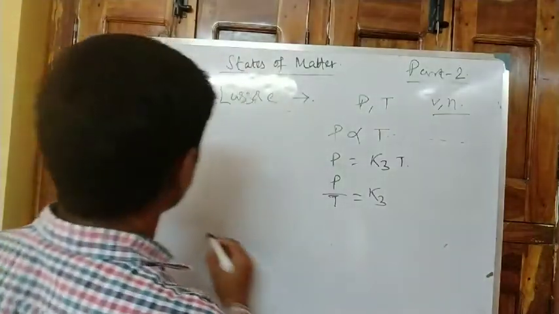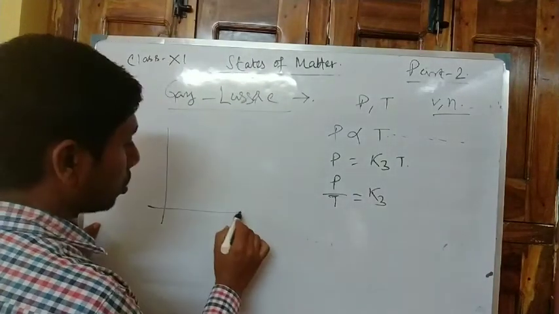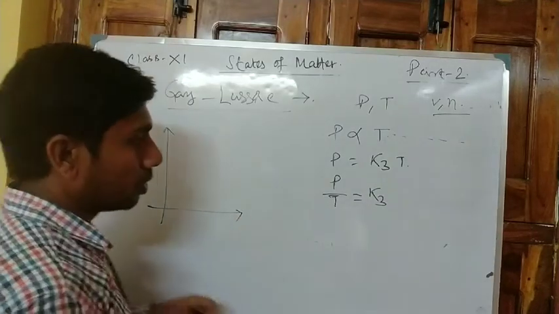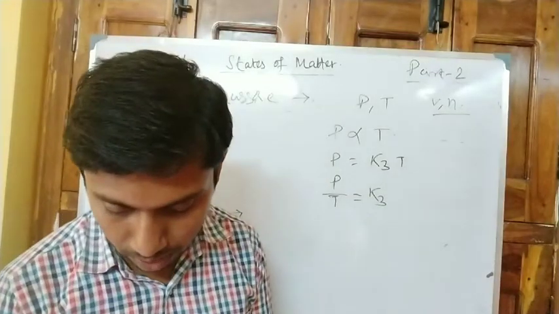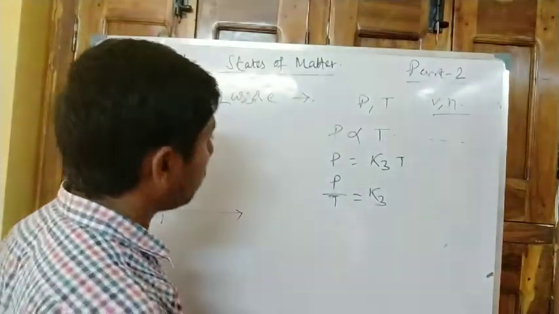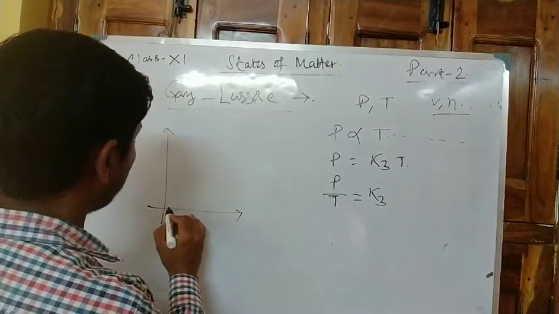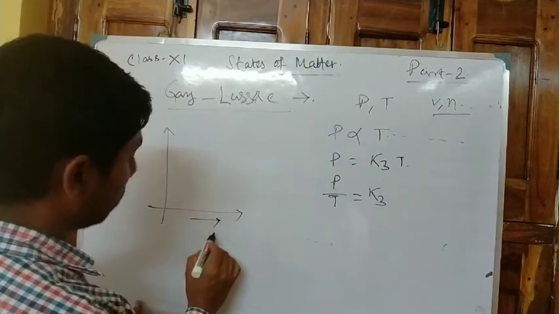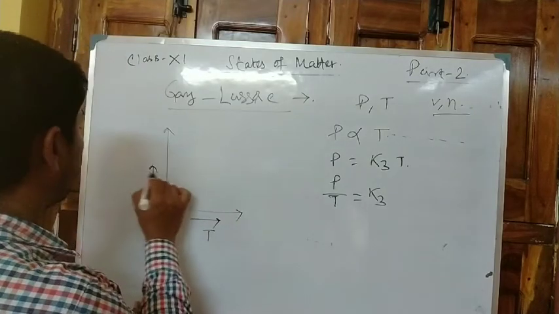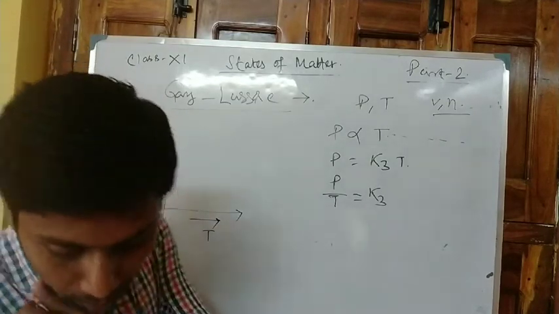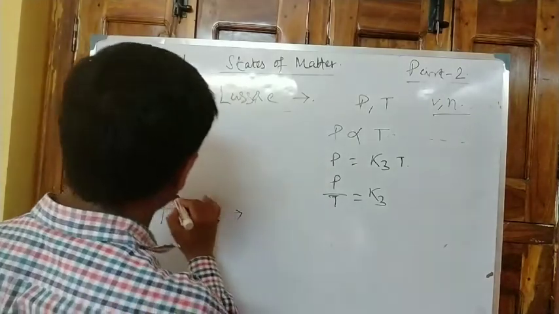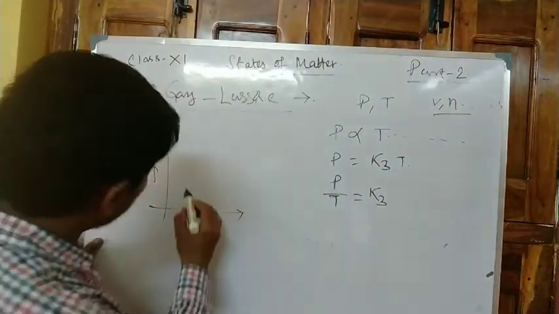By using this, we also make a curve, the P by T curve where V remains constant, and at different volumes we will get different lines.